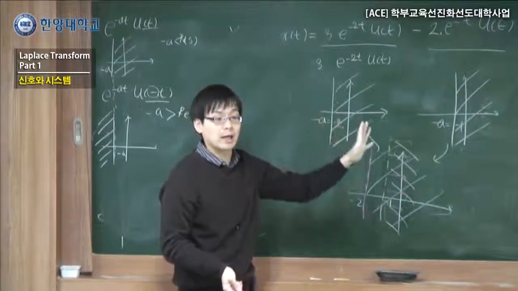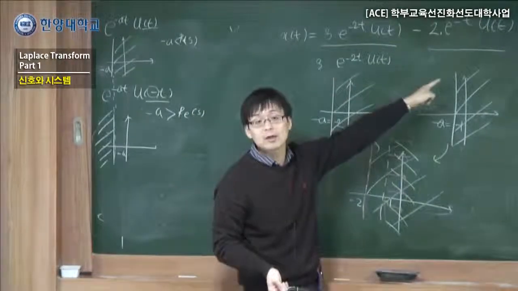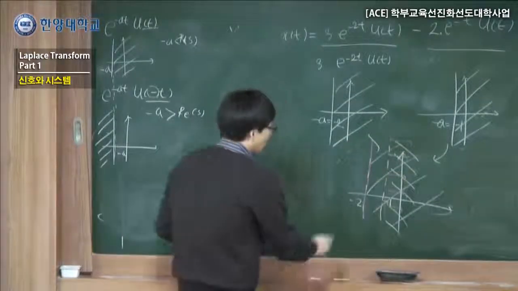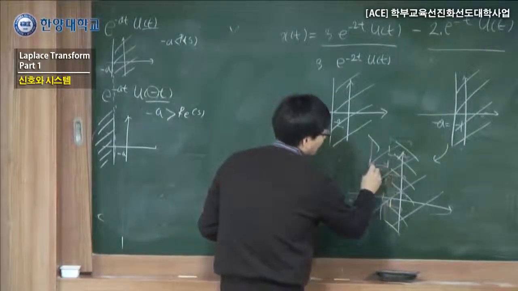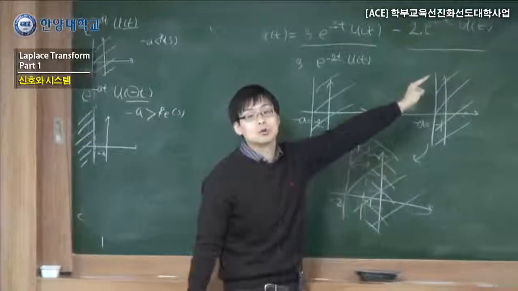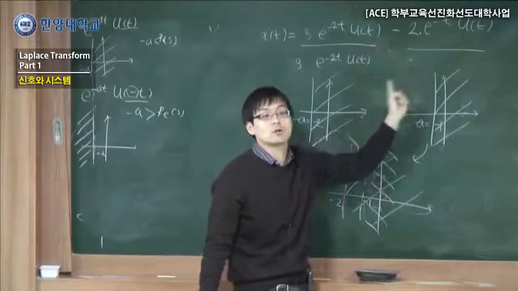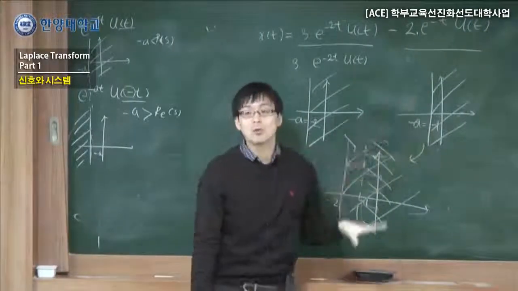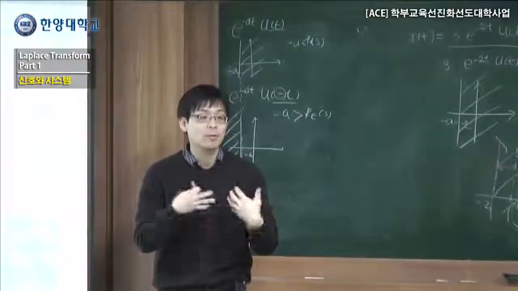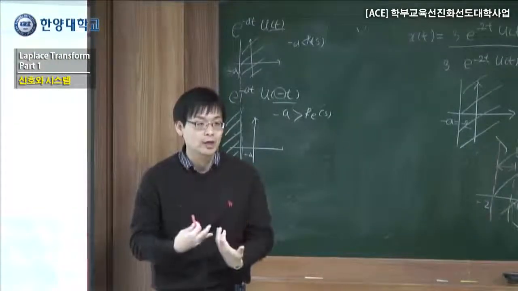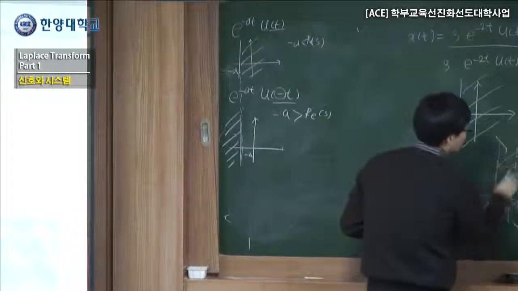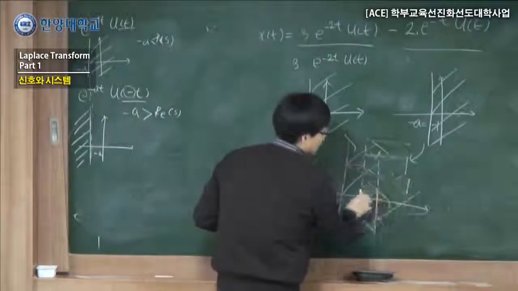So we can guarantee that both of them converge, which means the whole function converges. What about between them? We can guarantee that the first one converges, but the second one does not, so we cannot guarantee that the whole function converges. So the region of convergence of two different regions is the overlapping area, the common area of both. So in this case, the region of convergence will be this region over here.